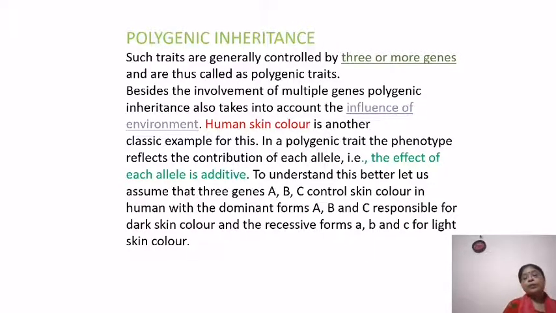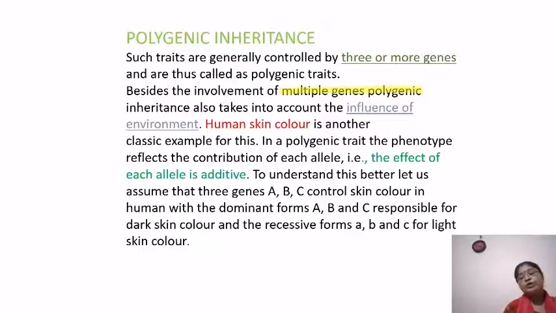So remember that these genes are not present at the same loci. They are present at different places, and these genes are non-allelic genes. There are three different genes responsible for skin color in humans. Therefore it is a case of multiple genes.